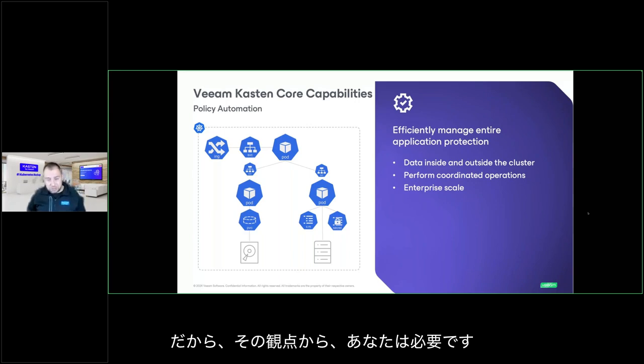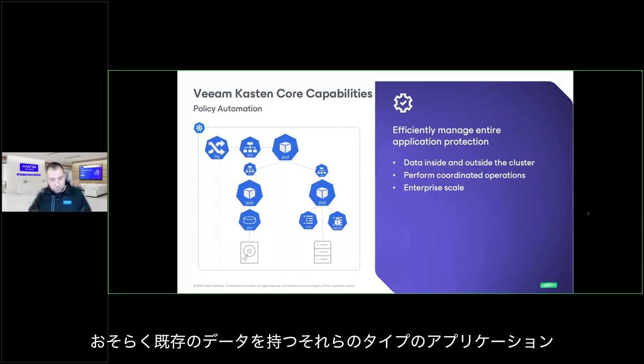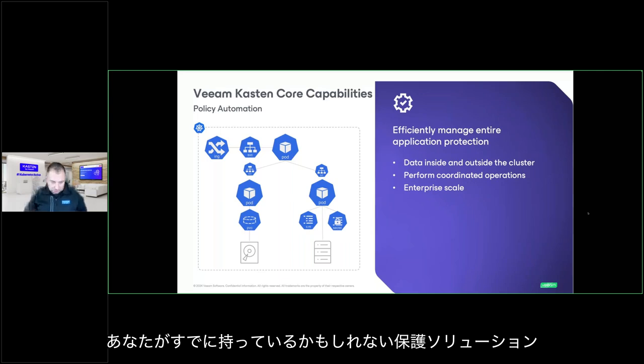You need a solution that will understand the rules of the game and the way Kubernetes operates and manages applications. That's the reason why you can't back up those types of applications with the existing data protection solutions that you may already have on your side.